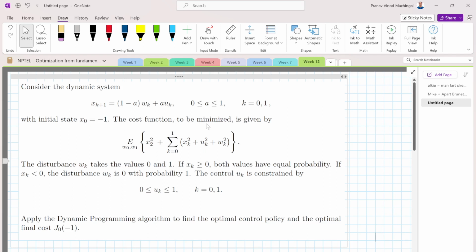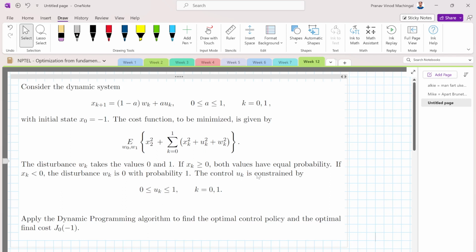The cost function is of this form, and wk takes the values 0 and 1 if xk is greater than 0. Both values have equal probability, and if xk is less than 0, the disturbance wk is 0 with probability 1.